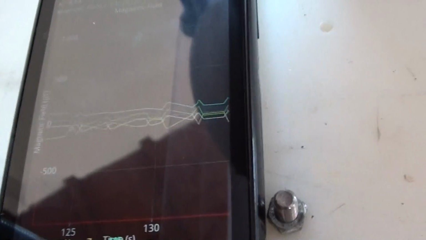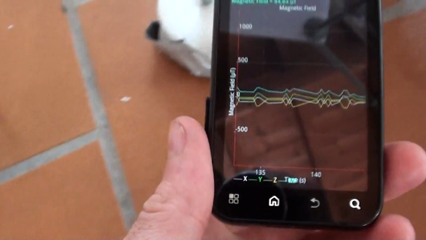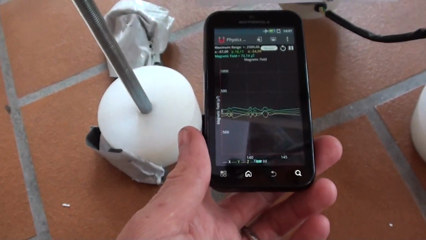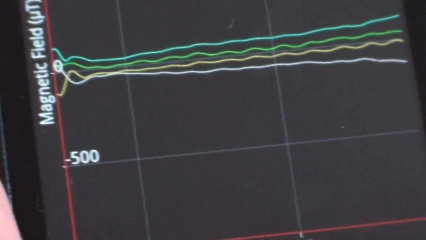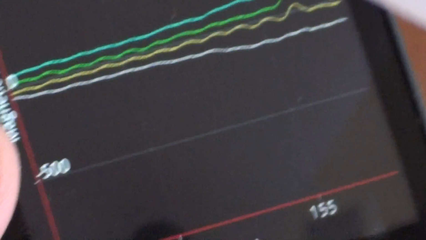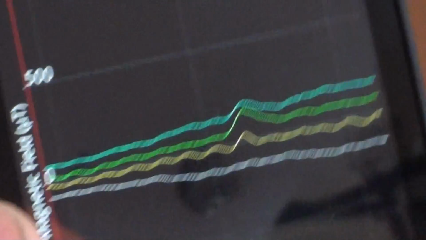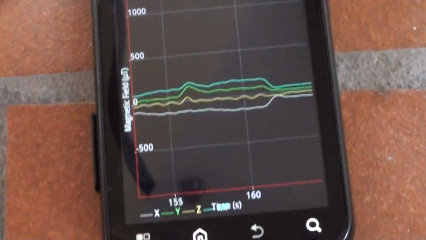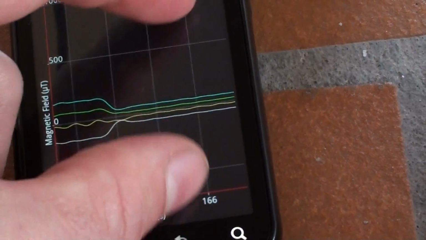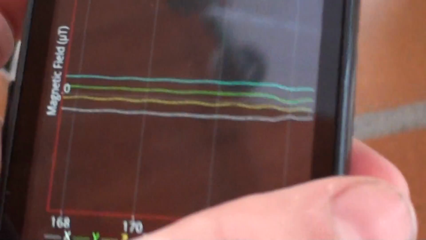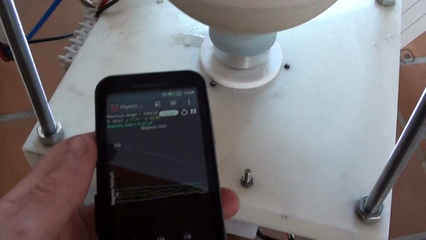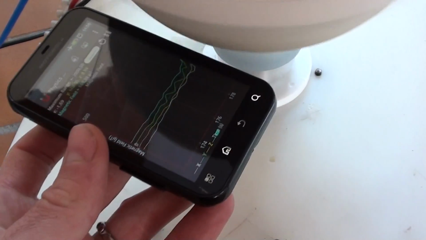Well, last time we checked them, it was much better to see the periodicity of the rotational fields of the motor, but this time... okay, let's check what is the field difference near the chamber.